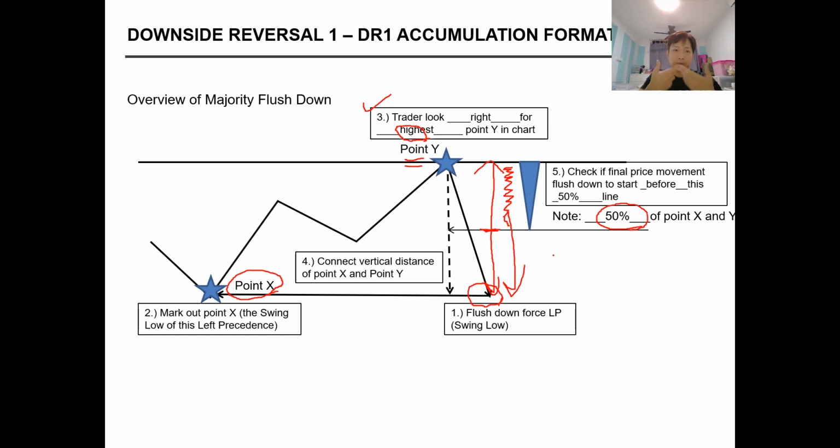Again, this shows that there's a momentum that goes on to take out all the stop loss, to induce a certain kind of panic, right? Imagine there's a flush down that comes in, right, to induce the kind of panic. And if the price movement is steep, starts being steep before the 50% line, we say that it's a majority flush down.